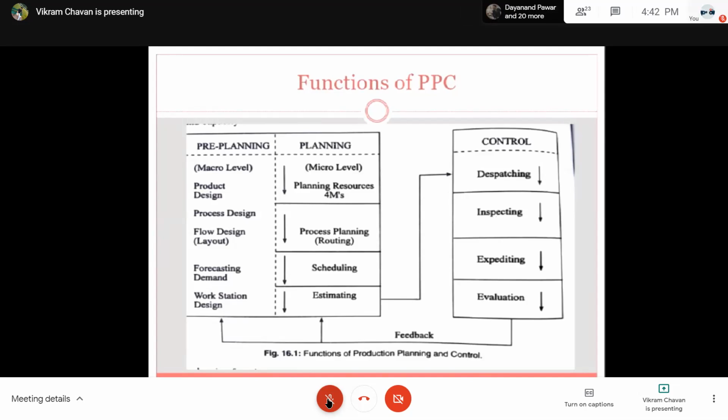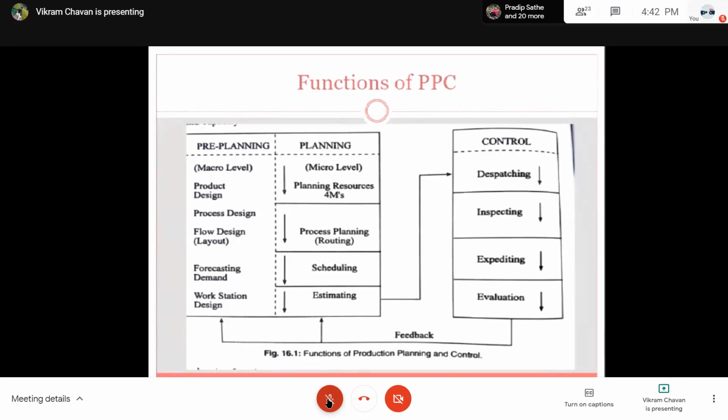So this macro level planning deals with analysis based on forecasting, or we can say market analysis, then production design and development also included. From the forecasted demand, we come to know the quantity of the production.